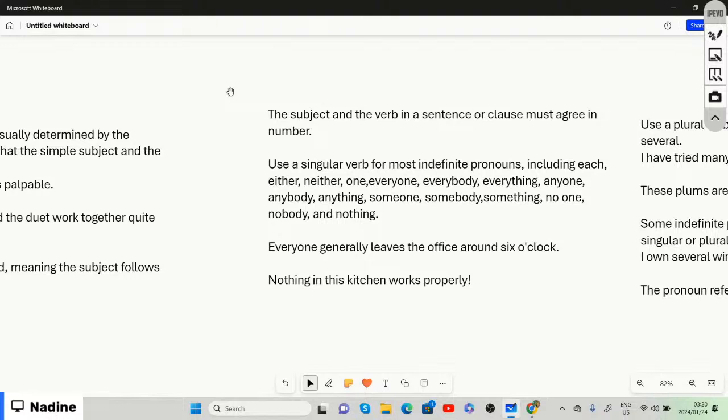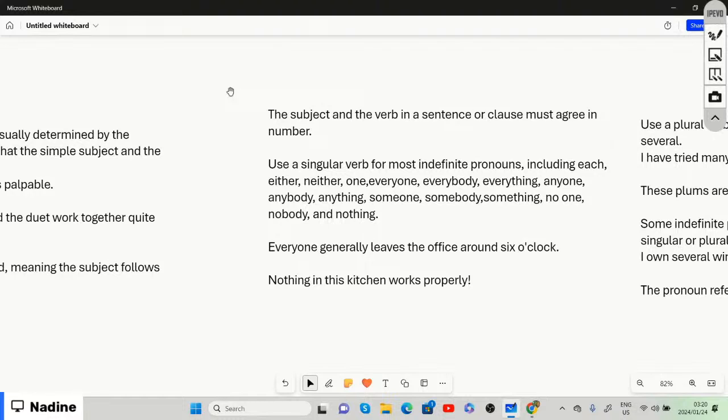Right. So remember, we said that when it comes to subject verb agreement, the subject and the verb in a sentence or within a clause need to agree in number, right? We use a singular verb for most indefinite pronouns, including each, either, neither, one, everyone, everybody, everything, anyone, anybody, anything, someone, somebody, something, no one, nobody, or nothing.